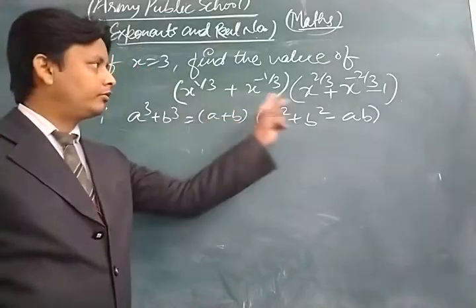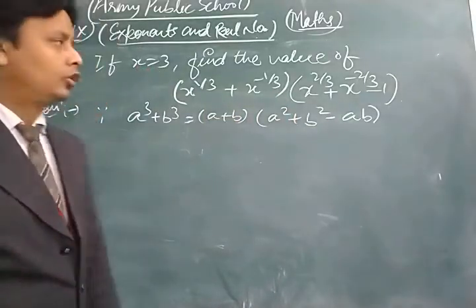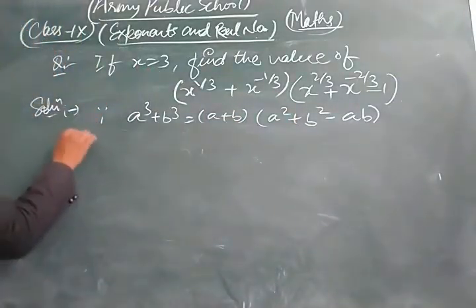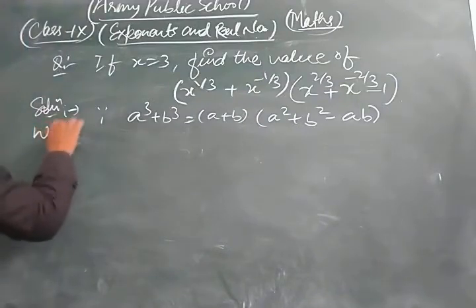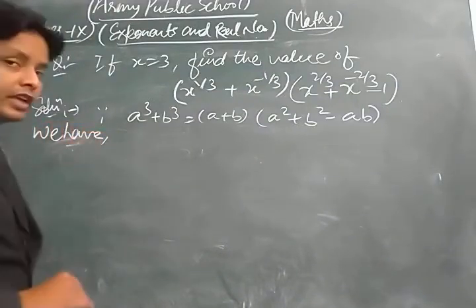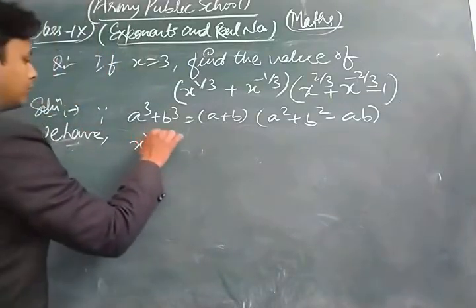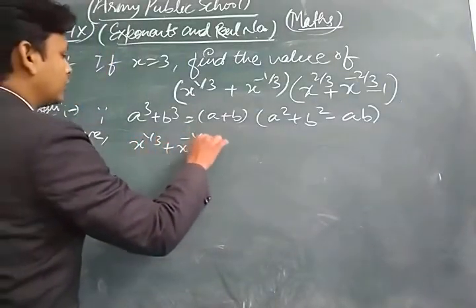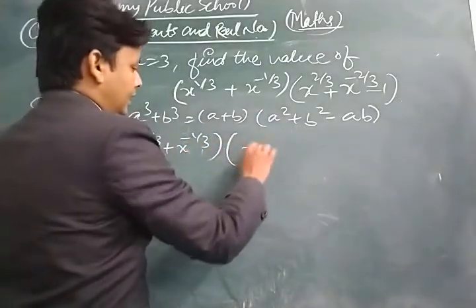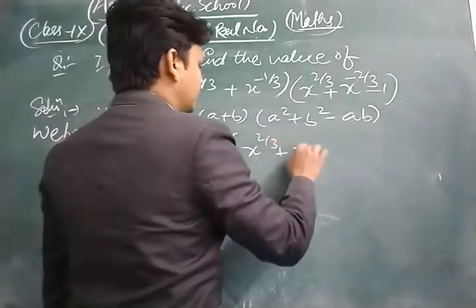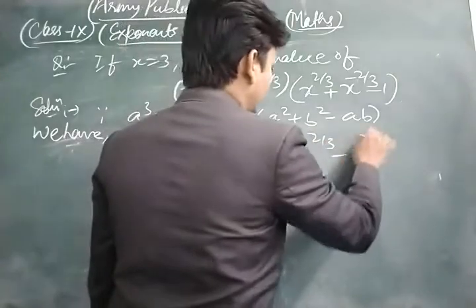We simplify the given relation. So look, dear students, first of all, we have a very important relation, which is x power 1 by 3 plus x power minus 1 by 3 in one bracket, and x power 2 by 3 plus x power minus 2 by 3 minus 1.